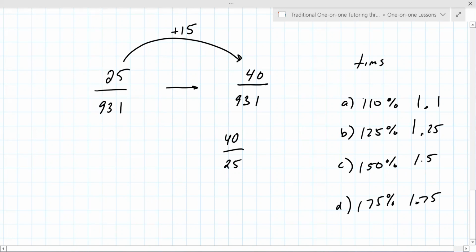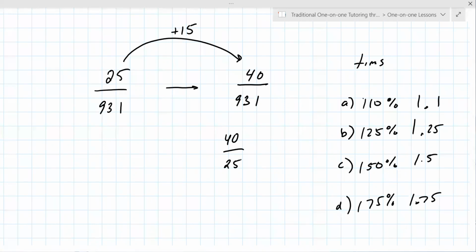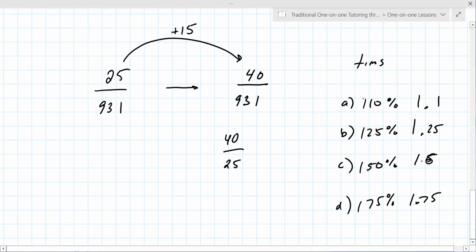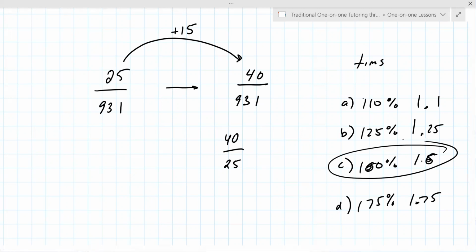You're allowed to use a calculator, but can you get reasonably close without? 1.6. Is it really 1.6? Yeah. Okay, so I'm looking for that 160%. Okay, that makes more sense.